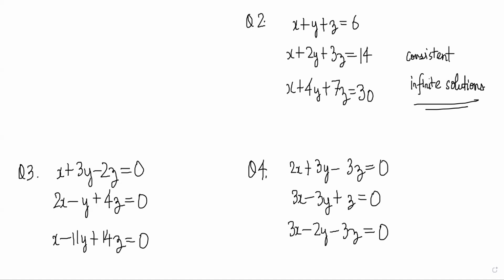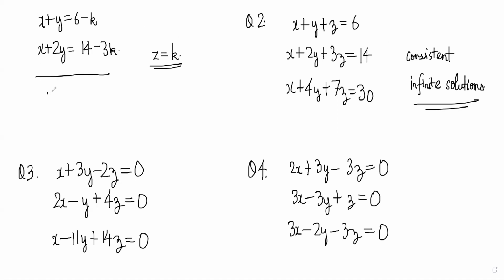For infinite solutions, the way you find solutions is, when you get that it is infinite solutions, you can take z as anything. Take z as K. Then you would get x plus y is 6 minus K, and x plus 2y is 14 minus 3K. If you subtract, you get y is equal to 14 minus 3K minus this, so 8 minus 2K.